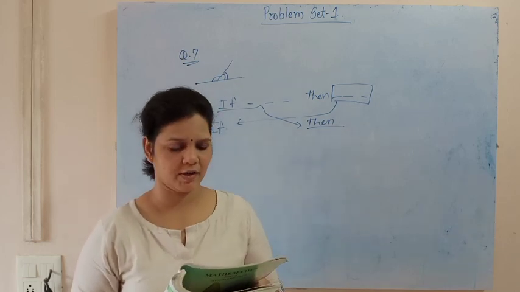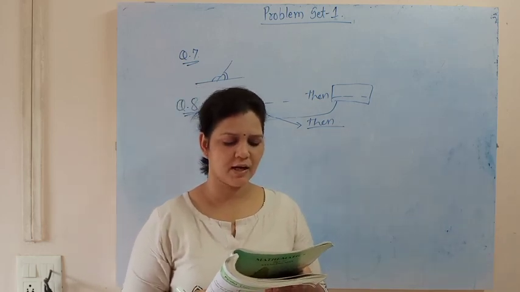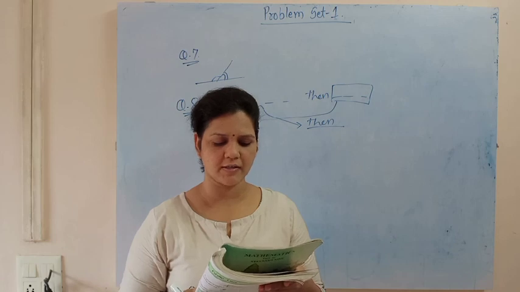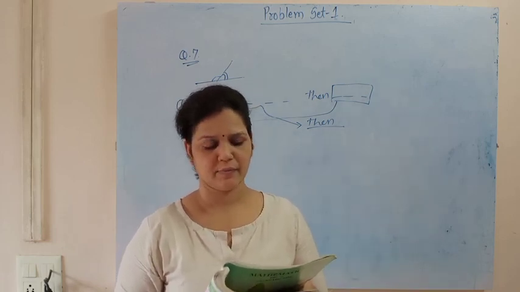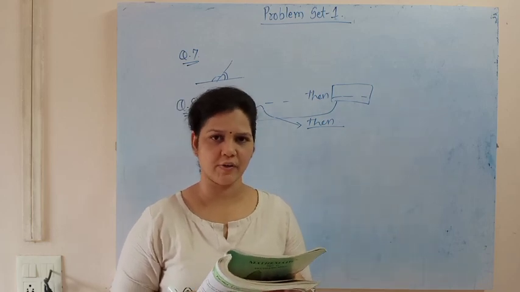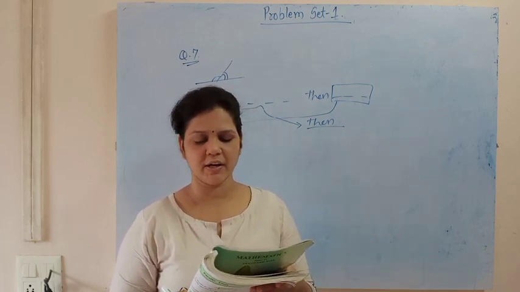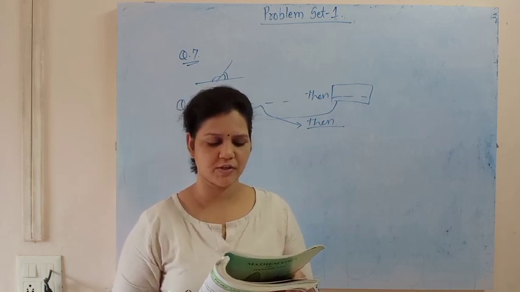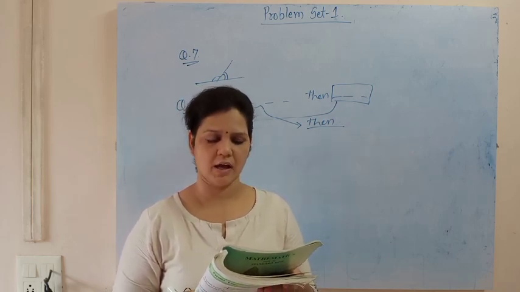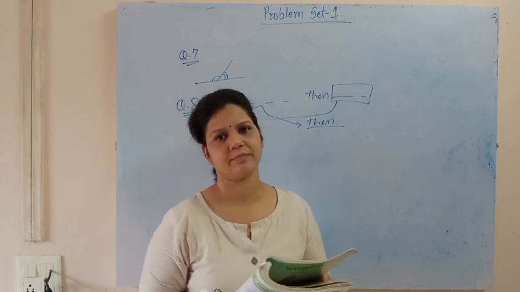Question number 8, first question. If the sum of measures of angles in a figure is 180, then the figure is a triangle. Okay, so last part first. So, if the figure is a triangle, then the sum of measures of angles is 180 degree.